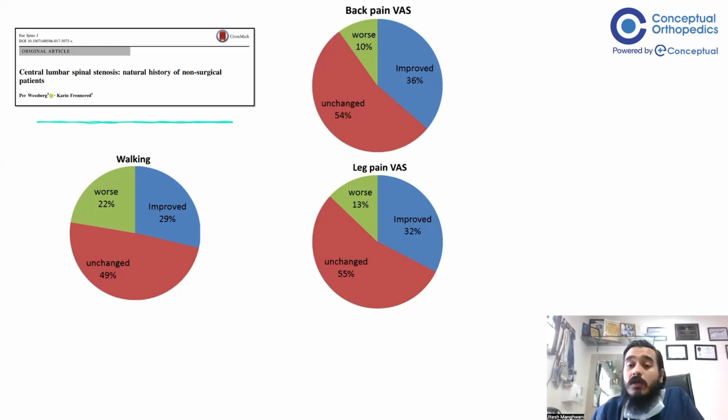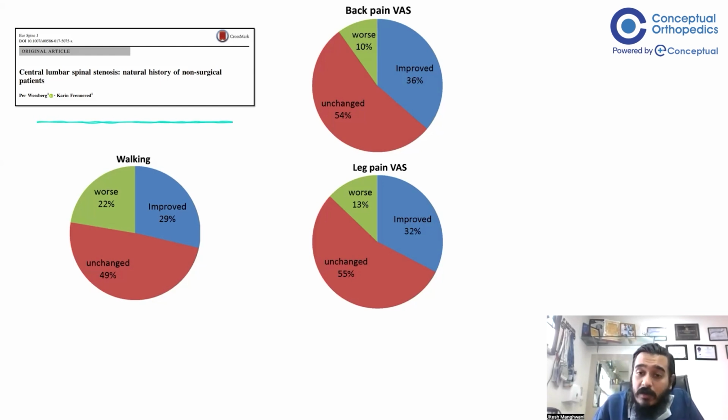Now, when we talk about the leg pain, 32% improve overall naturally over time, 13% worsen with non-surgical management, and 55% of the patients remain unchanged. The ability or capacity to walk improves in 29% of the population, 22% worsen over time, and 49% remain unchanged.